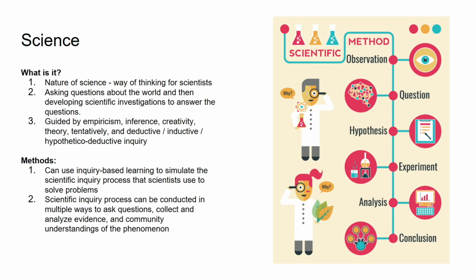This is guided by empiricism, inference, creativity, theory, tentativeness, and deductive, inductive, or hypothetico-deductive inquiry. All of this simply means that it's guided by doing research to gather evidence and then being able to draw inferences, or draw conclusions, based upon that evidence.